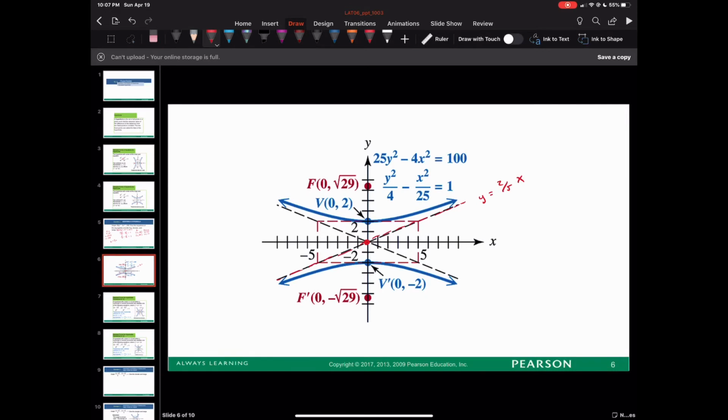This other one, which I'm going to put in a different color, this one right here, is your y is equal to negative 2/5 x, because it decreases, it's negative. So we have 4 different points on the lines.